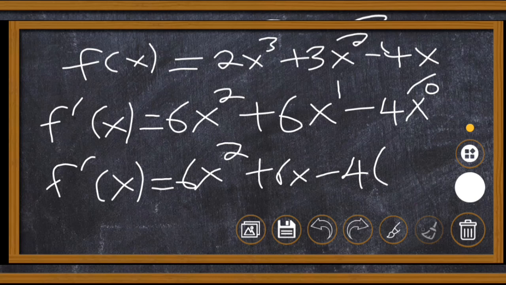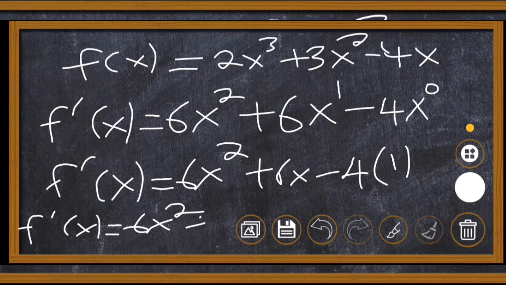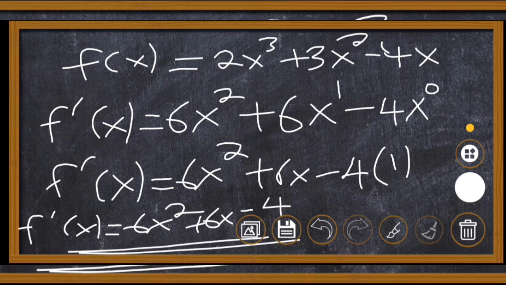So we have x power 0, which of course is going to be 1. So f prime of x equals 6x squared plus 6x, and then 4 multiplied by 1, we're going to have 4. So it's going to be negative 4. So this is the differentiated form of the expression.